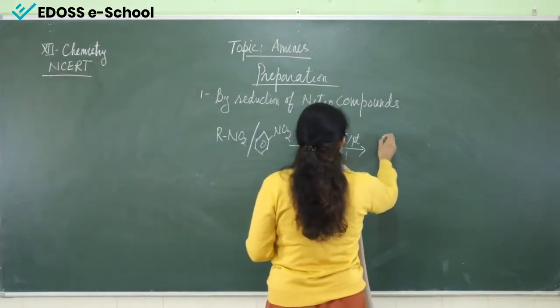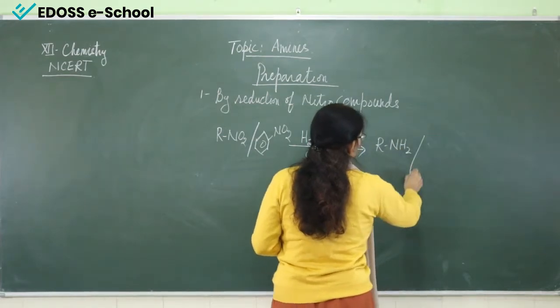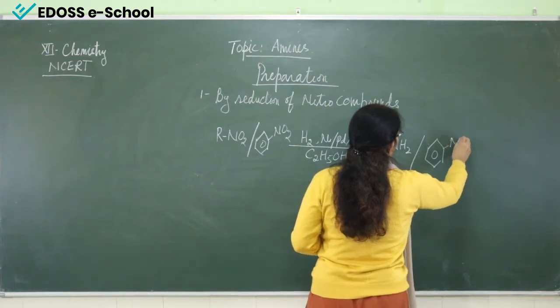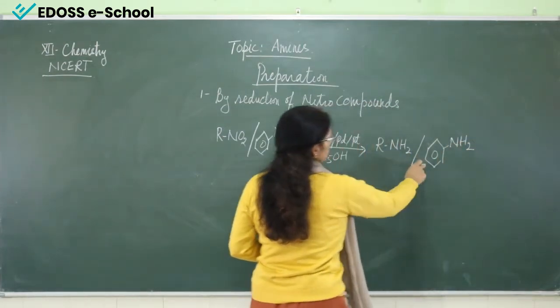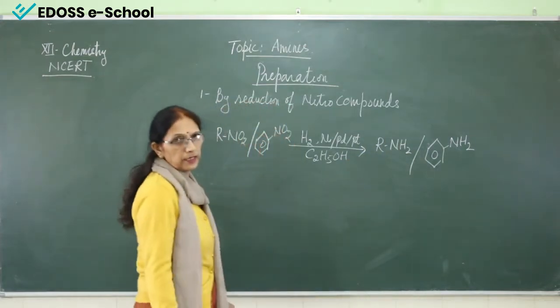So what we will get? We will get either R-NH2 or Ar-NH2. Alkylamine and arylamine.